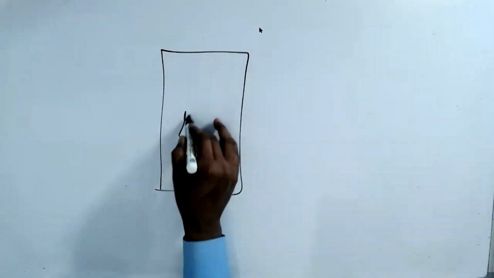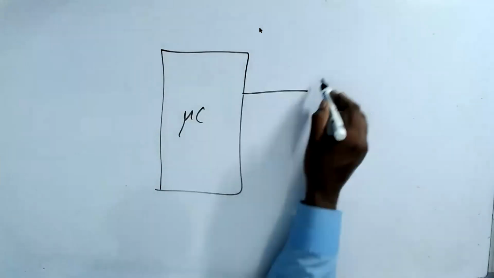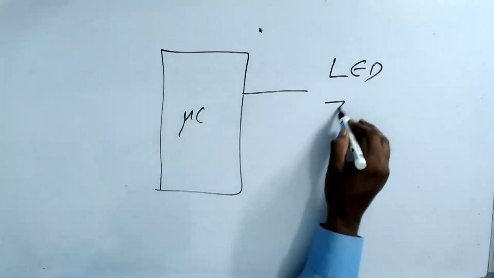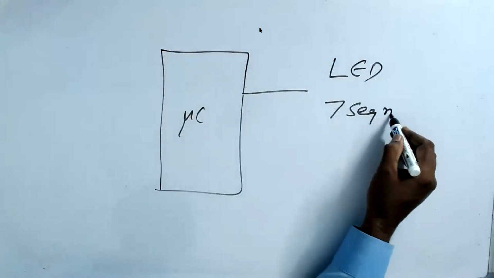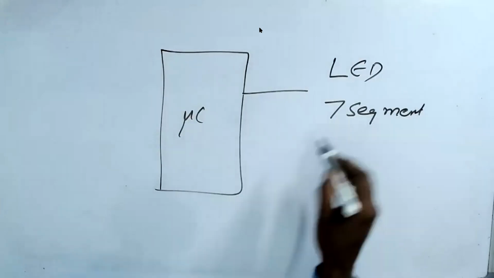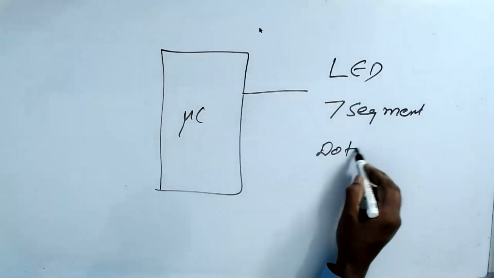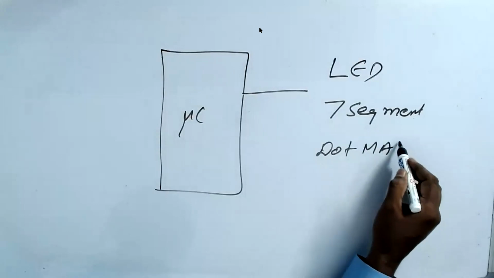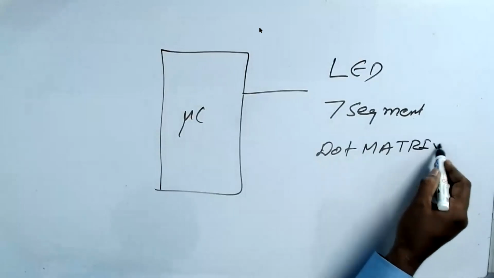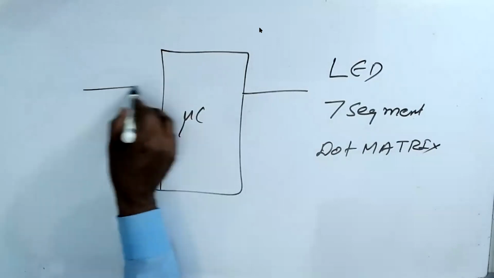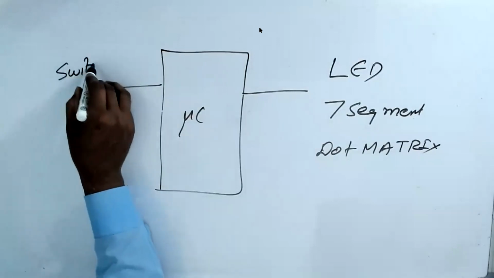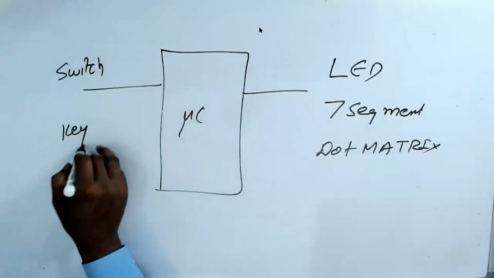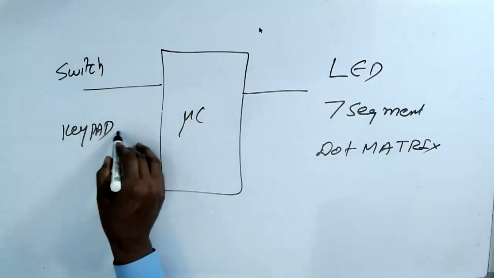With this microcontroller, we connect LED, 7-segment, dot matrix. And input is switch and keypad. That's also indirectly a switch.